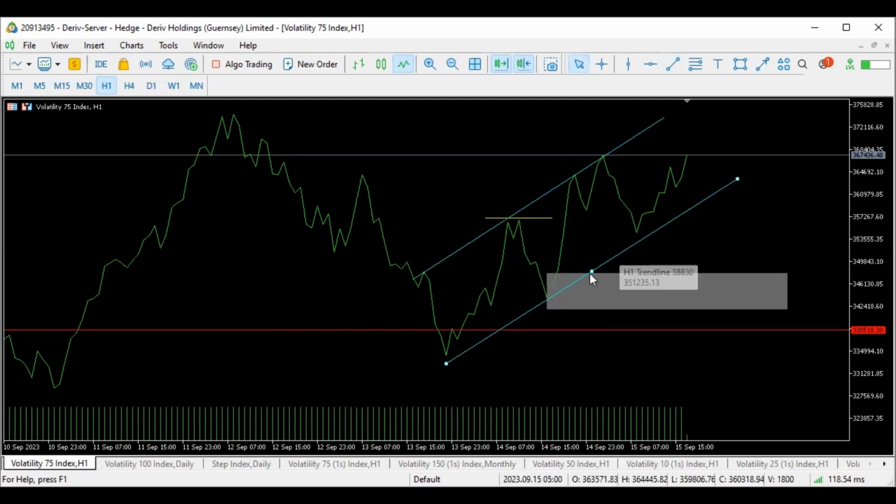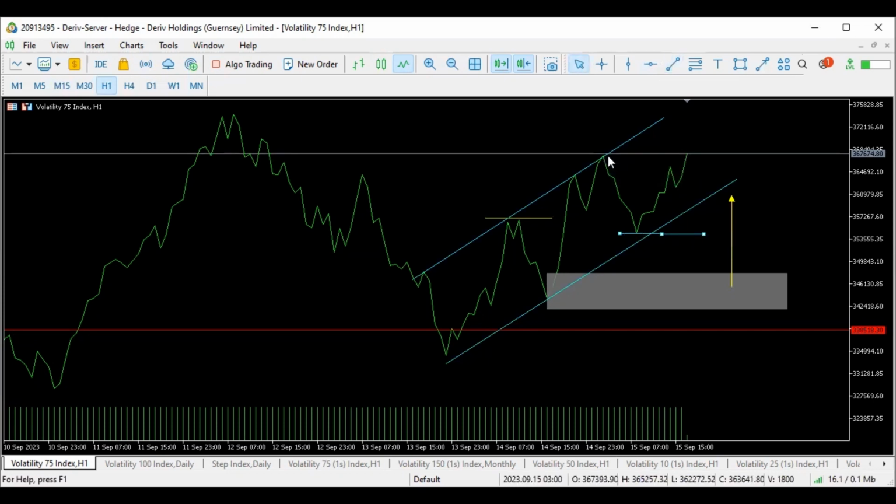Can you see? And now we are saying the market, if it is to come back and mitigate this level, then this can be it. Right now you need to realize that we have an impulsive move from here, and you might want to term this as a low, but you need to understand that this high has not yet broken structure over here. So we need this high to completely break structure over here so that we can conclude that this is the most recent low. But as of now, we are focusing on this.